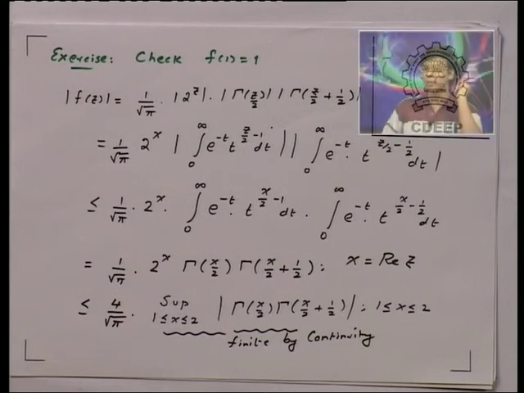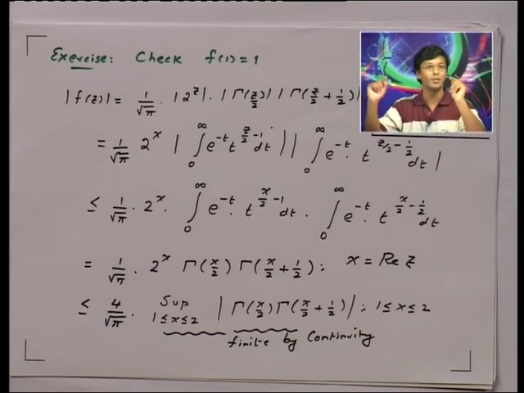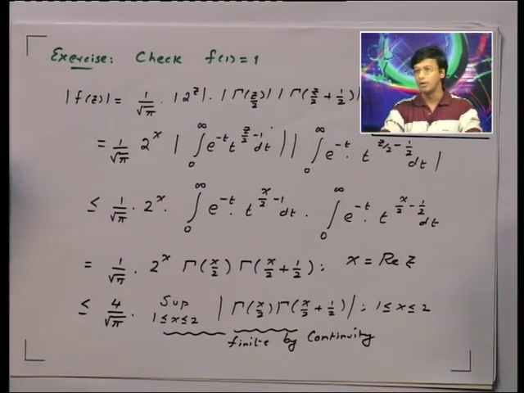Now where is x running from? 1 to 2. So x by 2 is running from where? Half to 1, closed interval half to 1, right? Gamma function is a continuous function on the open interval 0 to infinity, and so on every closed sub interval you have a continuous function which is going to be bounded. So by continuity, gamma x by 2 is going to be bounded when x runs from 1 to 2.